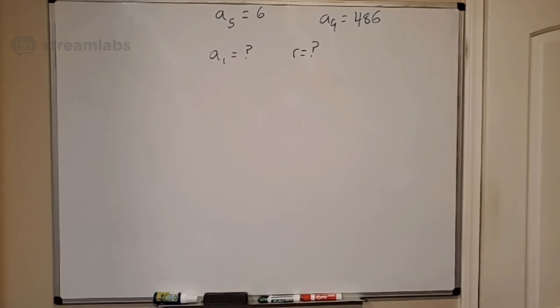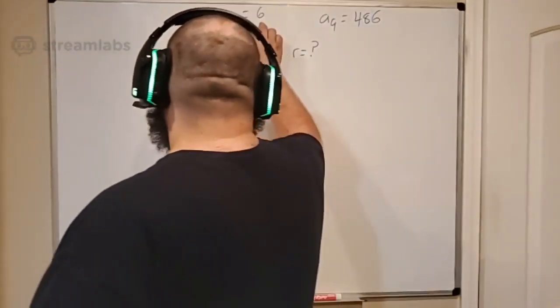Okay, so this one is probably what I consider the more difficult ones of this section. So we have to ask ourselves, why did they give us these two, and then ask for those two.